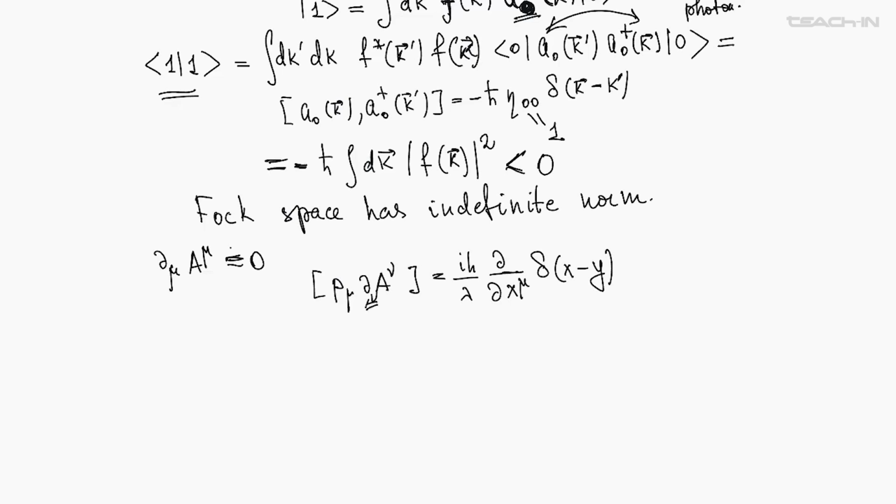So you may not put d nu A nu to be some constant. For instance, you cannot make it 0, because then the commutator of P mu with 0 must be equal to 0, but it's not, because it contradicts the canonical commutation relation between momentum and the electromagnetic potential A nu. So I cannot impose this gauge condition at the level of operators.